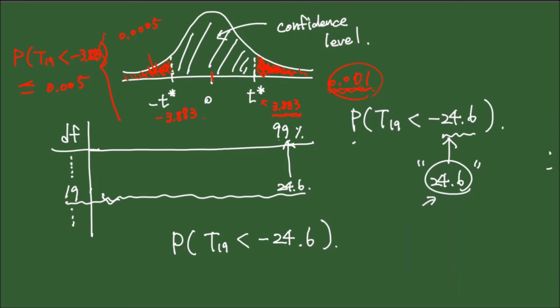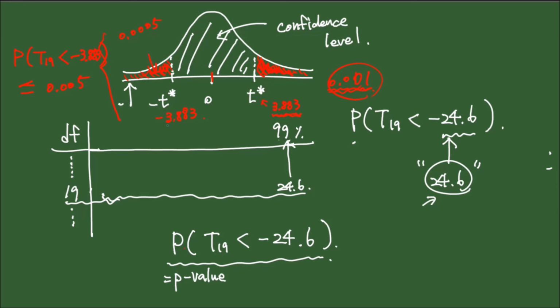So let's go back to our case. This is our original goal, and this is our p-value, right? When we think about negative 24.6, it will be somewhere around here.